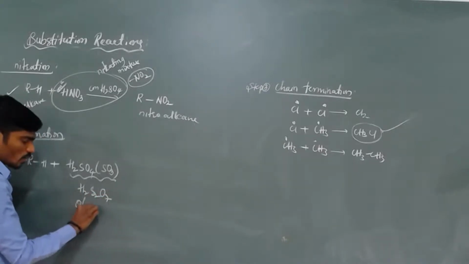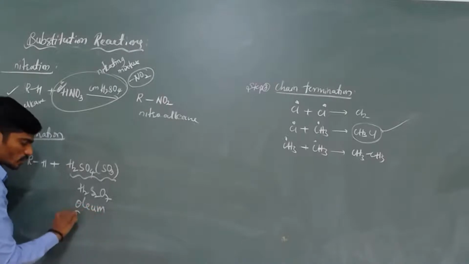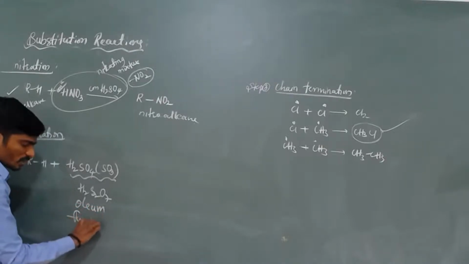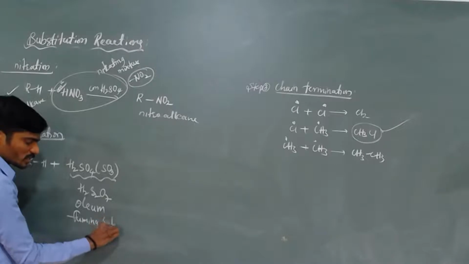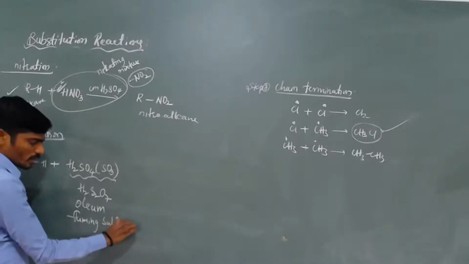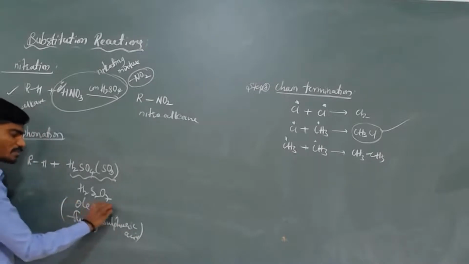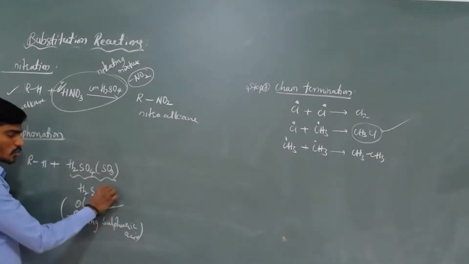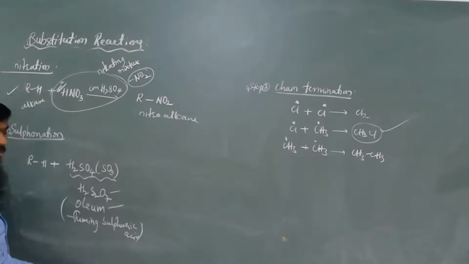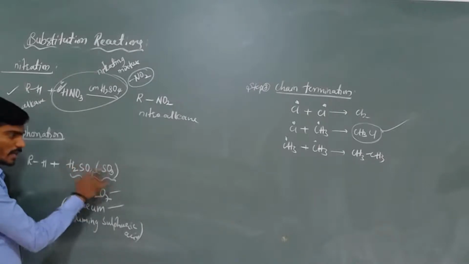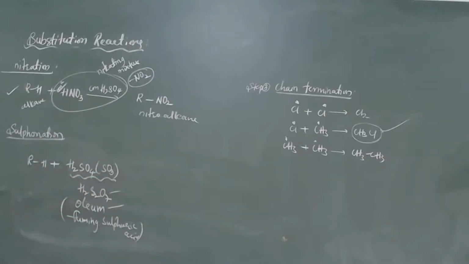This is called oleum, also known as fuming sulfuric acid. It is produced from concentrated sulfuric acid: two molecules of sulfuric acid, H2SO4 plus H2SO4.